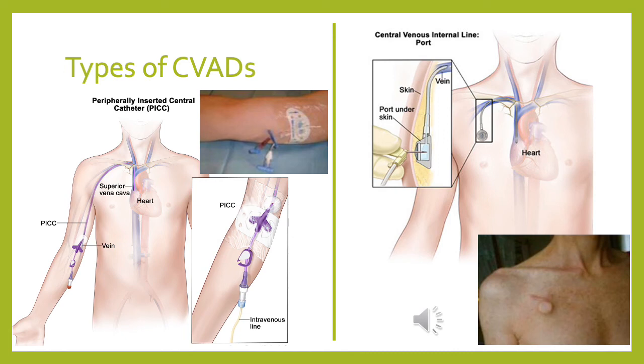And then you use a tegaderm over top of it to hold it in place when it needs to be used. This is the longest type of access, the long term, and it's not used for short term. It has to be surgically removed when they're done. It's typically used frequently when patients undergo chemotherapy treatment.